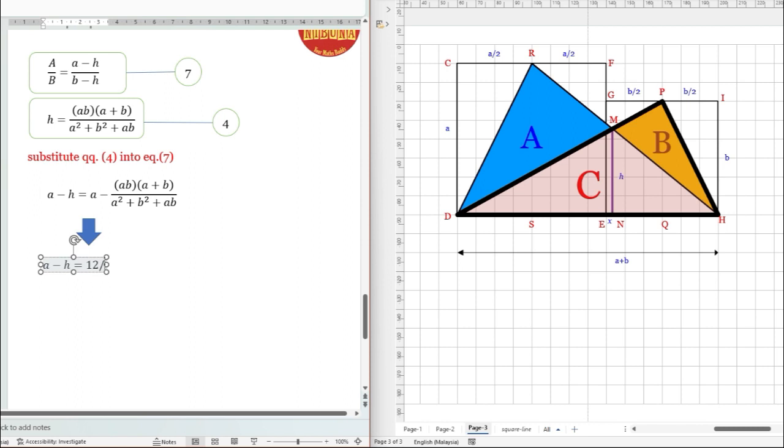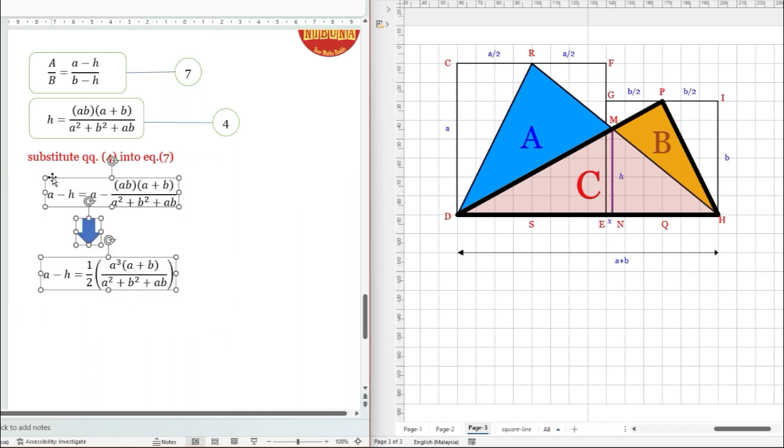You get 1 over 2, if I'm not mistaken, 1 over 2, A cube, A plus B over A square plus B square plus AB. This is what you get. The same thing.